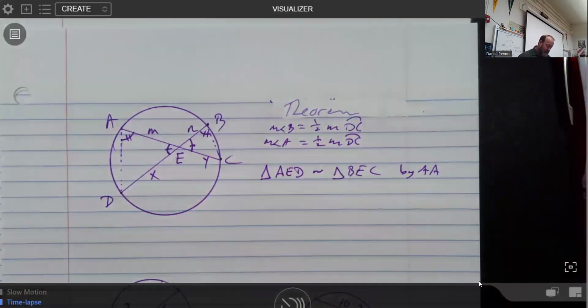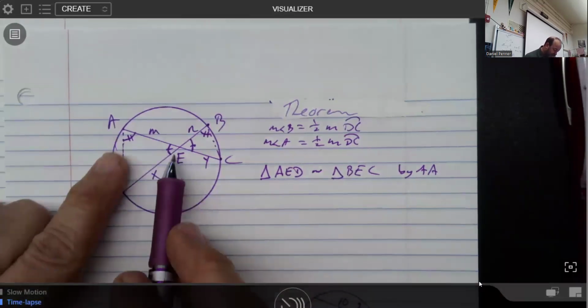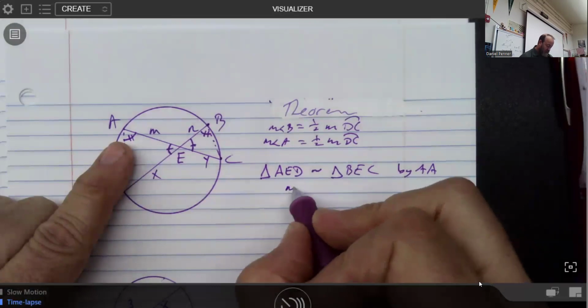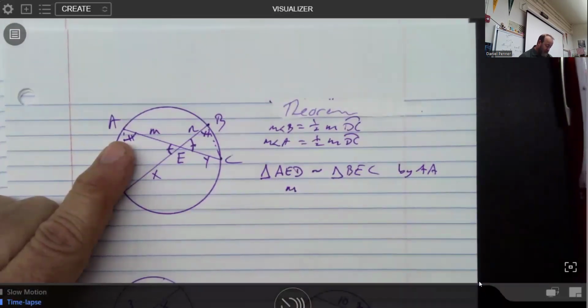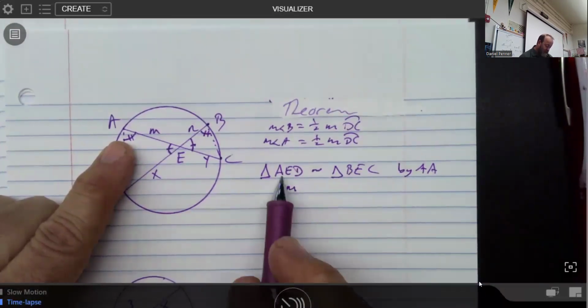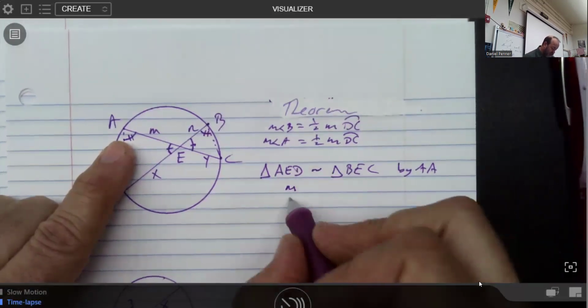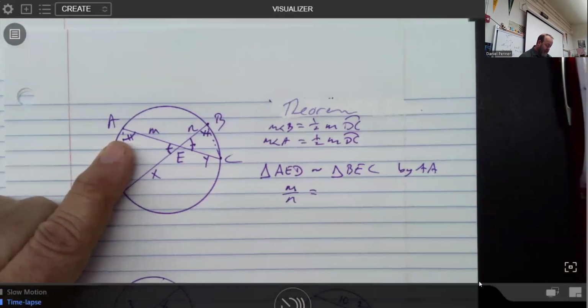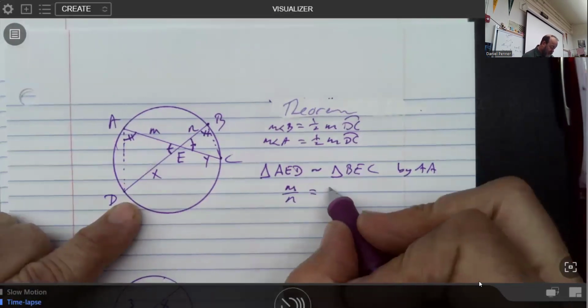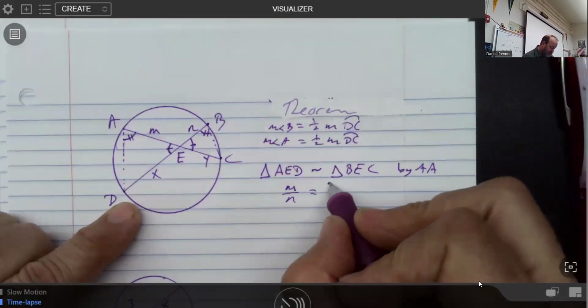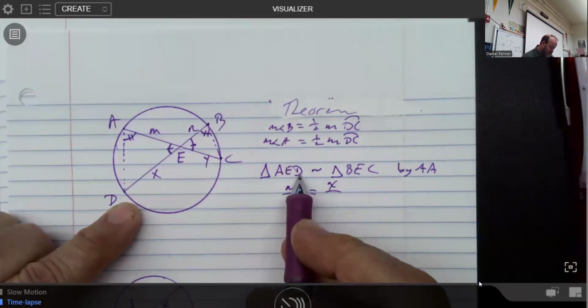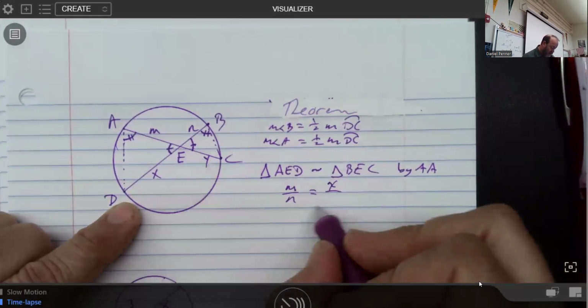So what I could say is that AE, which is M over here, in one of the triangles corresponds to BE in the other triangle, which is N. And DE, which is X, corresponds to CE, which is Y.